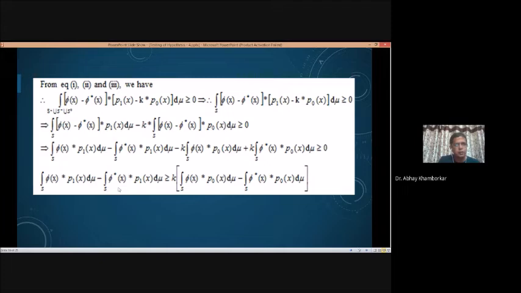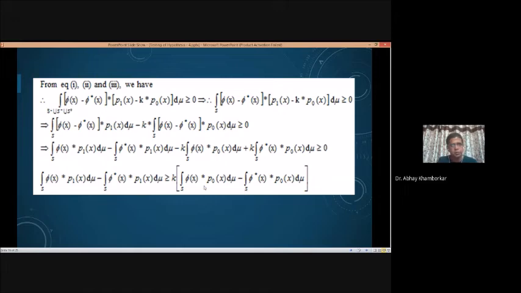In the end, you can see that on the left hand side I have a term related with the p1x, and on the right hand side I have a term related with the p0x, right? So this is the expression that we got. You can see that this expression left hand side is greater than equal to k into right hand side.